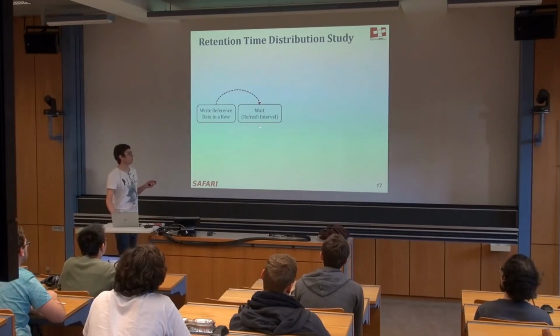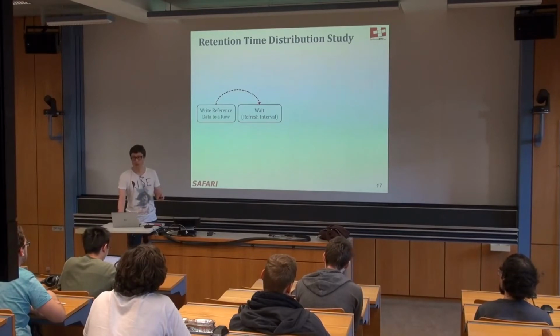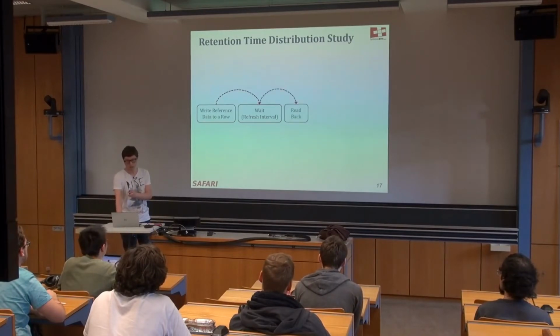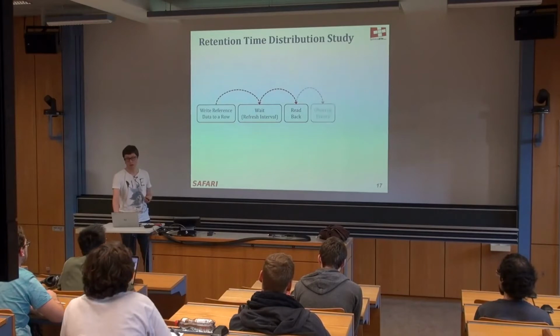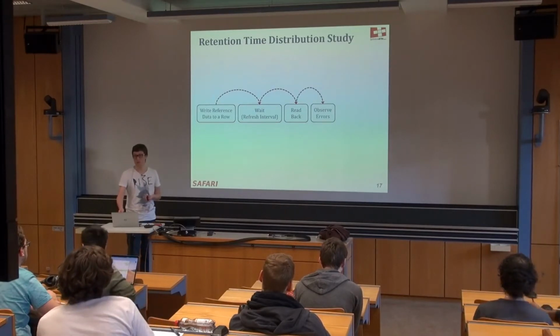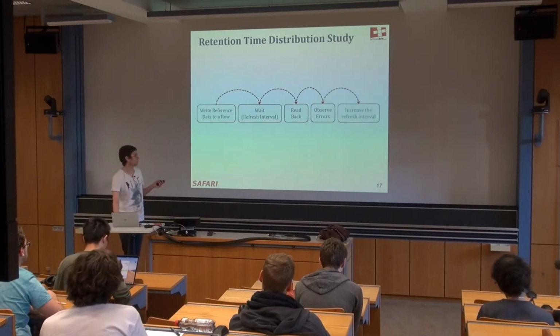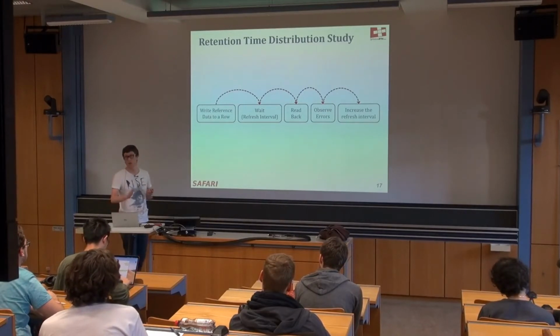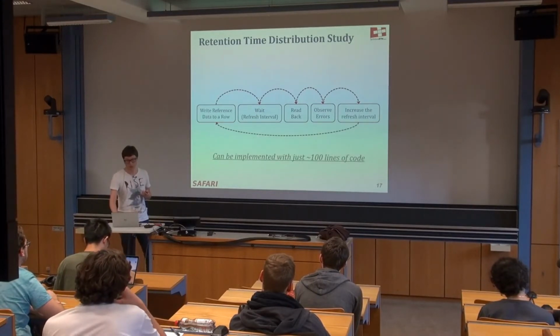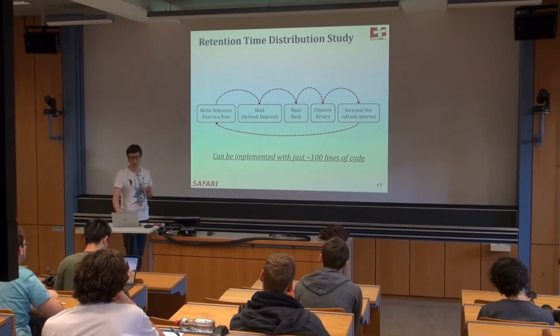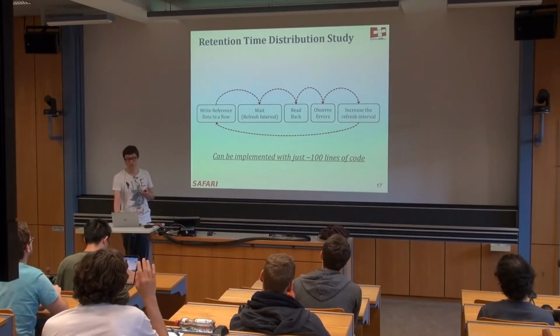Then we wait for some refresh interval after writing, so cells can leak their charge, and then we read back and check for errors. During this test, we sweep this refresh interval and look at how the fraction of errors changes. This entire thing can be implemented with about 100 lines of C++ code.